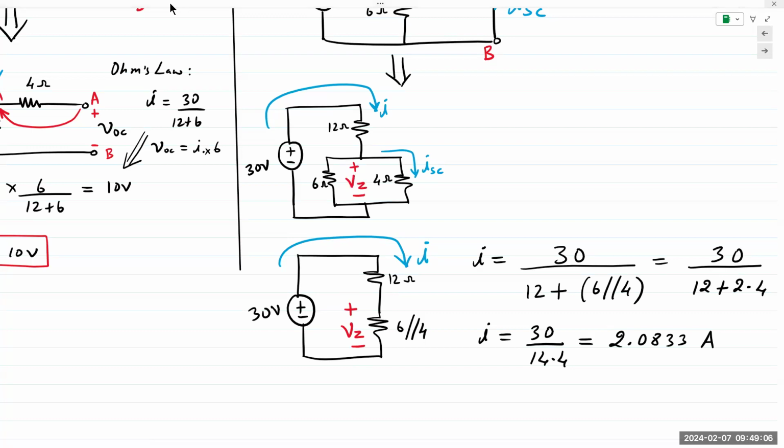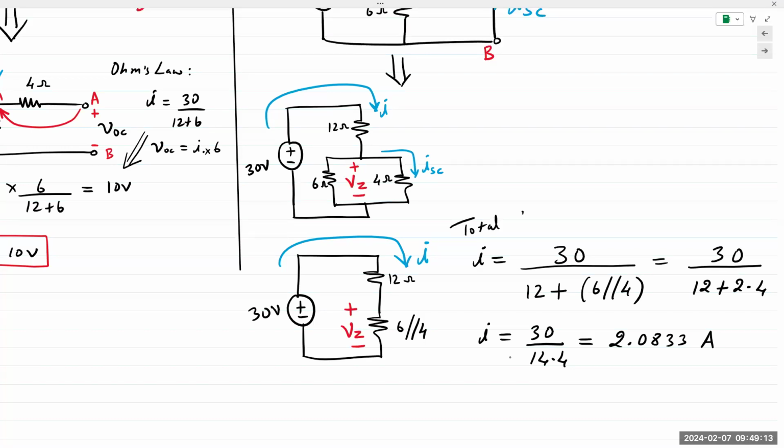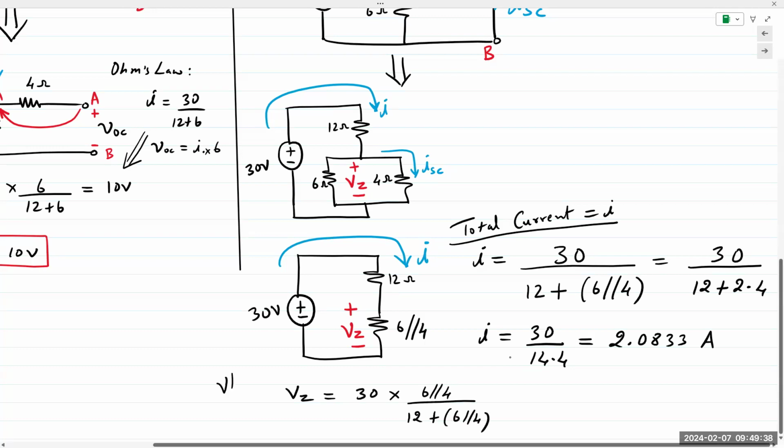So this is total current I. VZ can be given from voltage division, 30 times 6 parallel 4 divided by 12 plus 6 parallel 4. This is from voltage division.